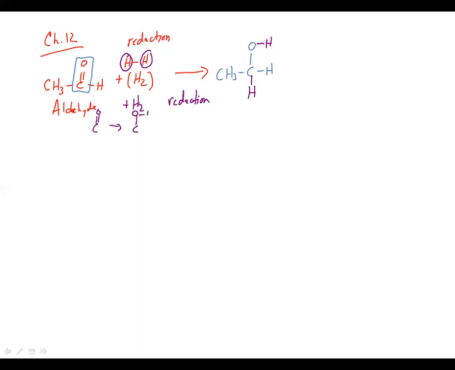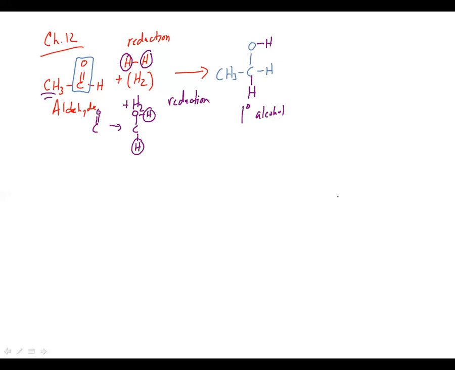That's always what happens, doesn't matter how many carbons you have on this side, the only part that will change will be right there where the carbon-oxygen double bond is. And you should recognize this. This makes our primary alcohol, right? And again, our primary alcohol gets oxidized to an aldehyde. The reverse of that reaction is a reduction reaction where we add the H2.